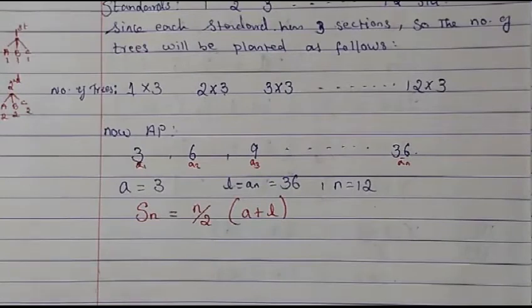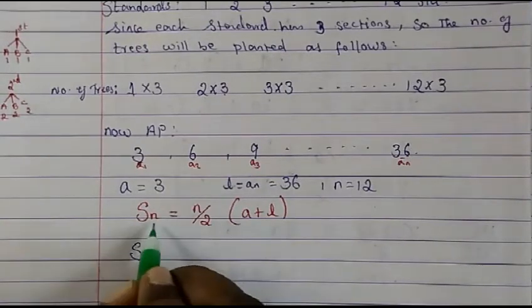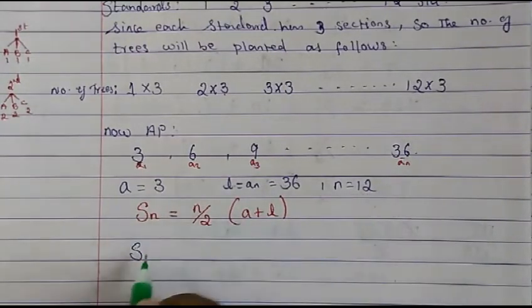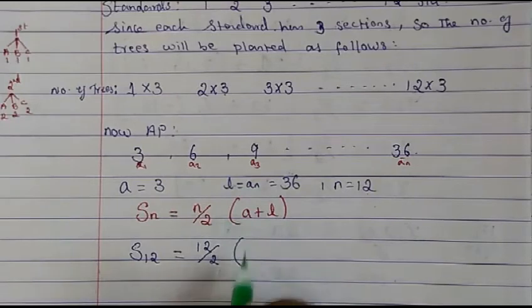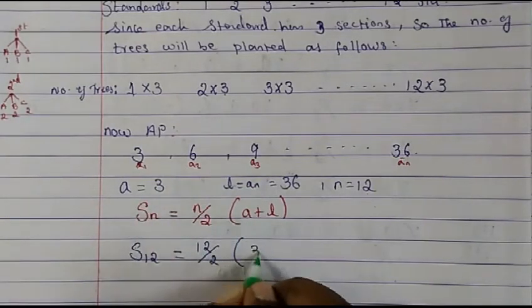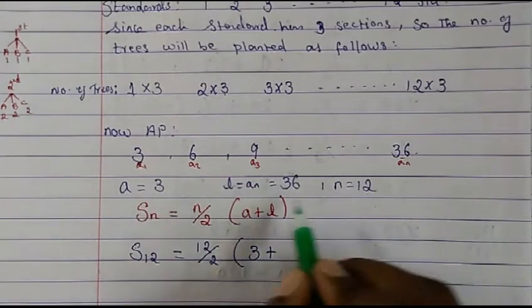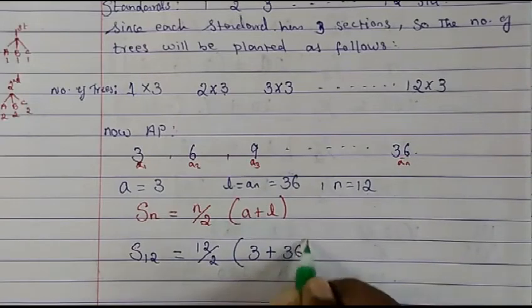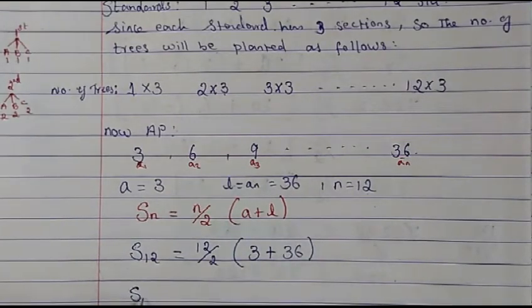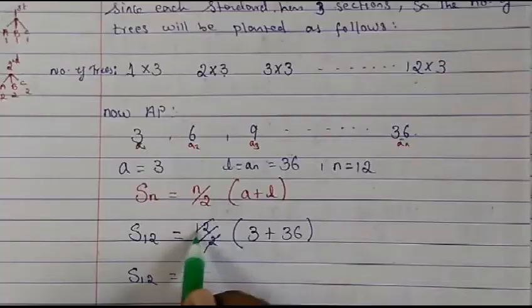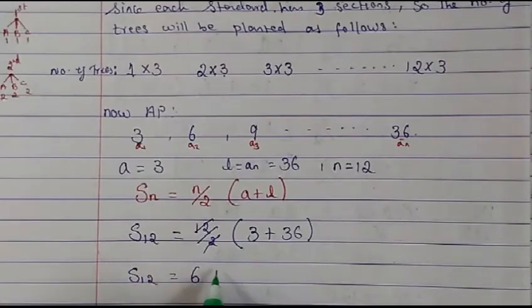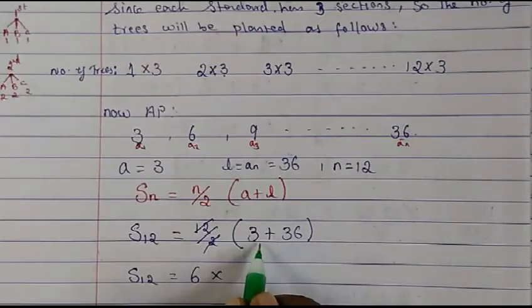Now we have to find out the sum of the number of trees. So let's put the formula. S_12, sum of 12 classes. So n is 12 upon 2, a we know, first term, that is 3, l is the last term, that is 36. So S_12, we can divide this, we'll get 6 times (36 plus 3).